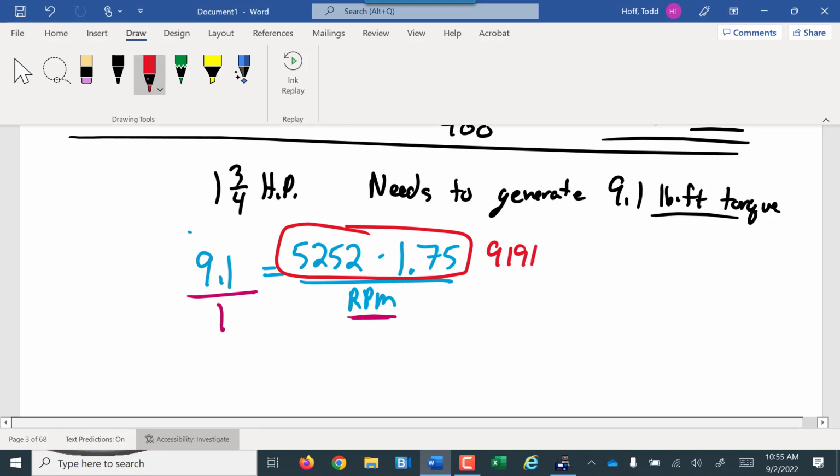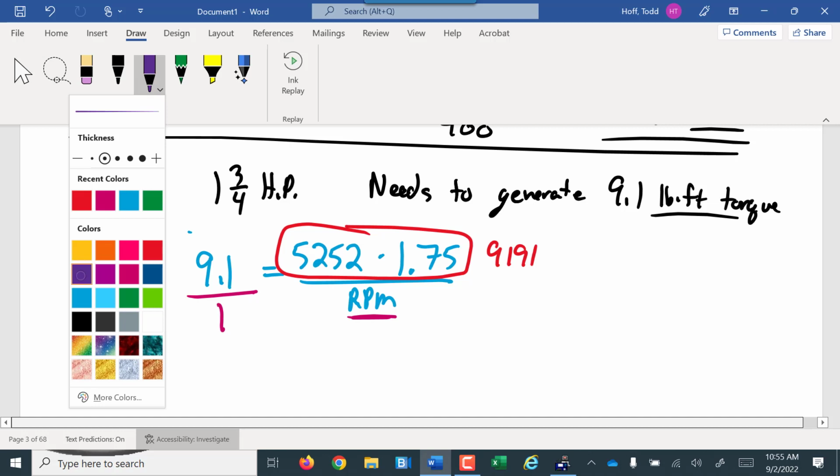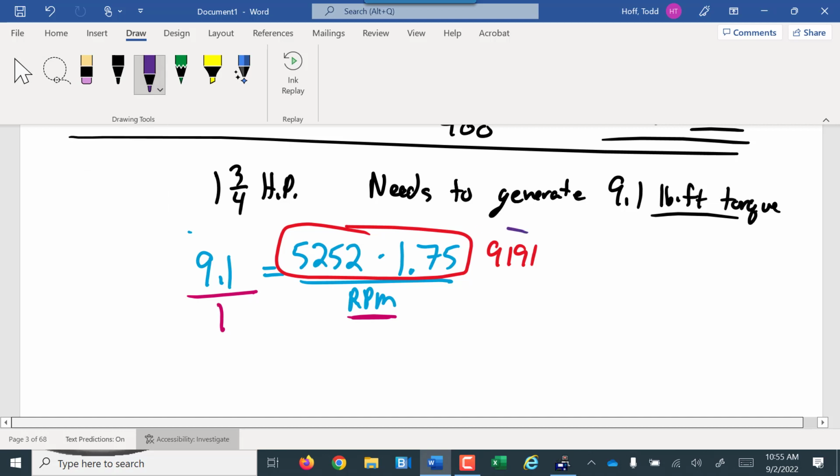And to solve a proportion, if you recall, the process is cross, multiply, and divide. So the 9,191 times 1, which is just 9,191, then divided by the 9.1.